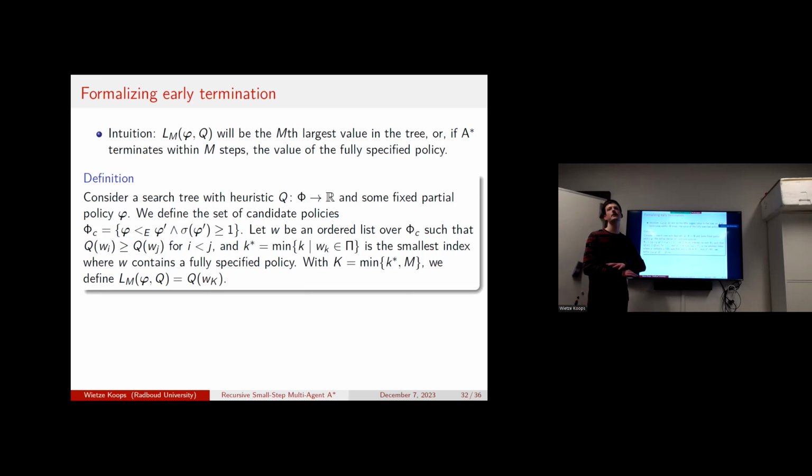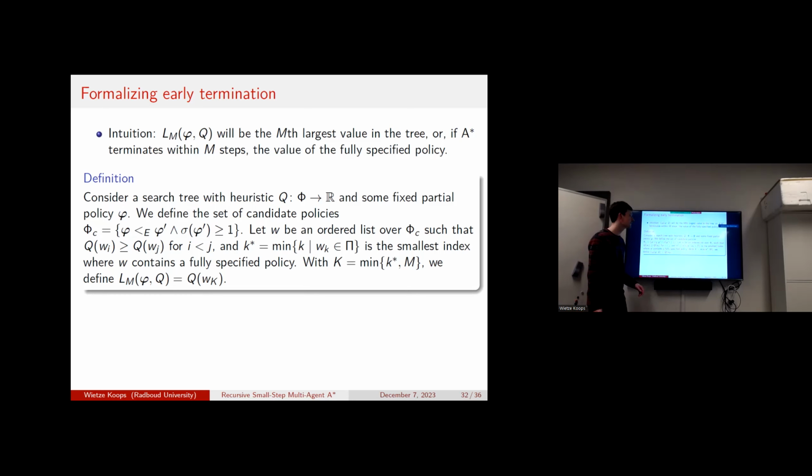Now, in principle, that's of course not what the algorithm is doing, but if you want to reason about what this is doing, then you can just consider this fully drawn-out tree with all the heuristics filled in, and you can make an ordered list of all these heuristics. And then, what is this early termination heuristic? Well, it's just the nth value of this list.